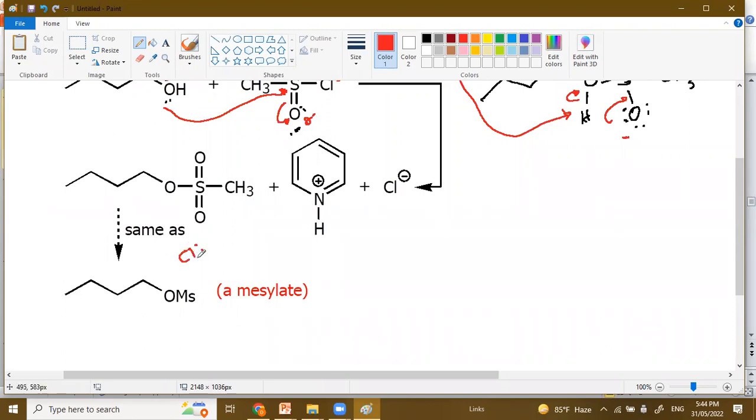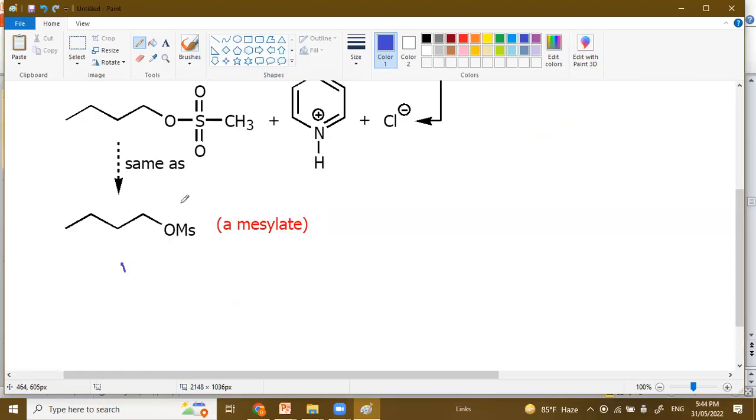I can use another color. Your Cl, given the reaction, can now attack. Once you have your Cl, you have another reaction here.